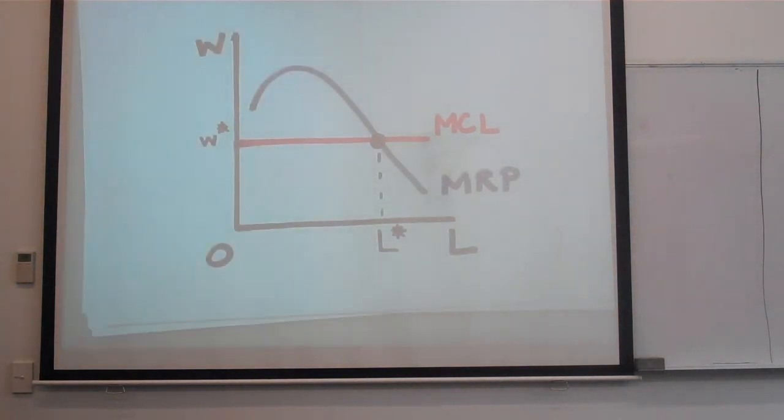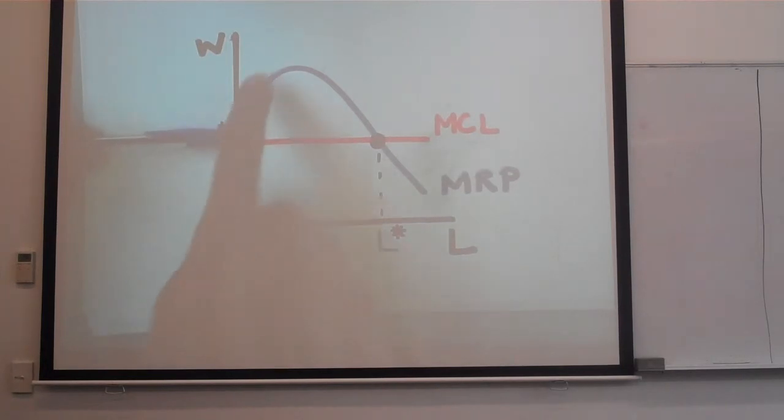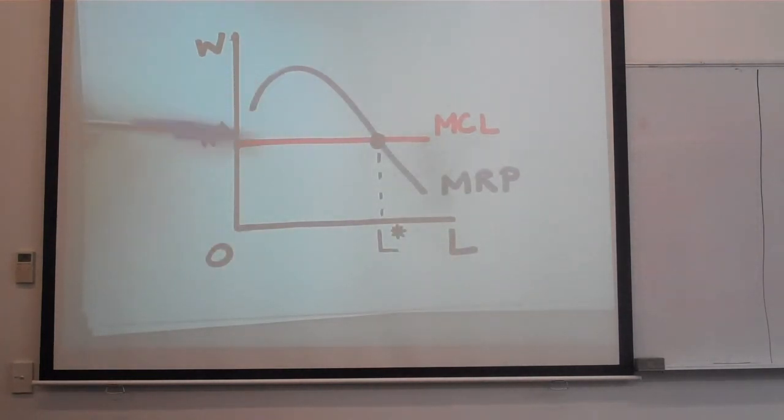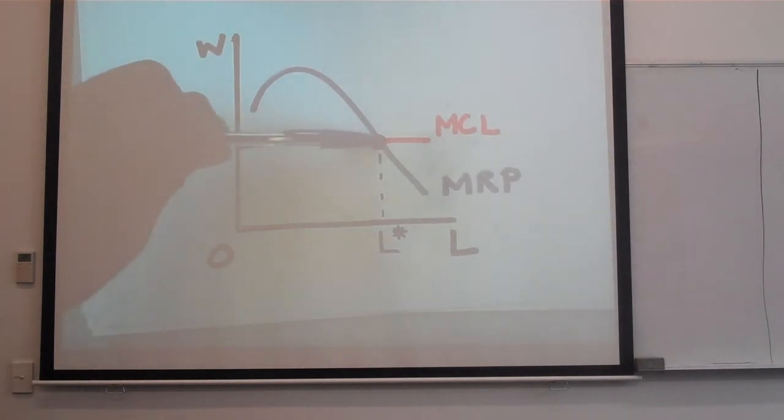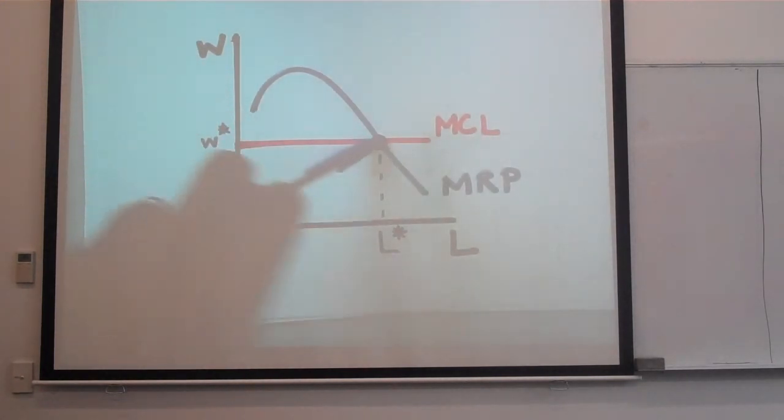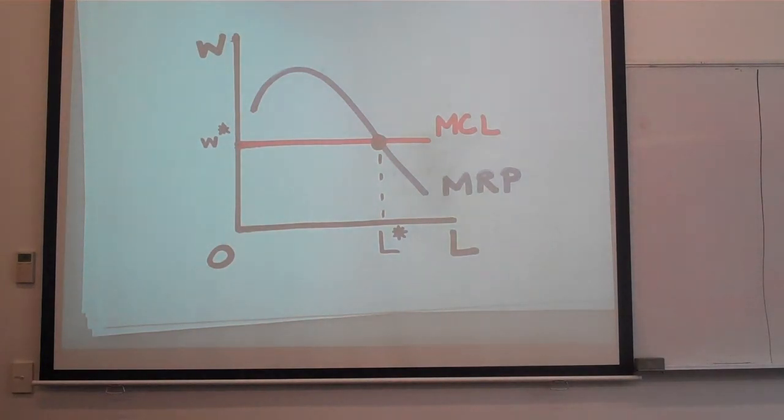If the marginal revenue product of labor, which is the extra benefit of an extra worker, is greater than the marginal cost of labor, which is the extra cost of an extra worker, well then the firm should hire that worker. So as long as MRP exceeds MCL, the firm should hire. And the firm will keep hiring, and keep hiring, until the two are equal.